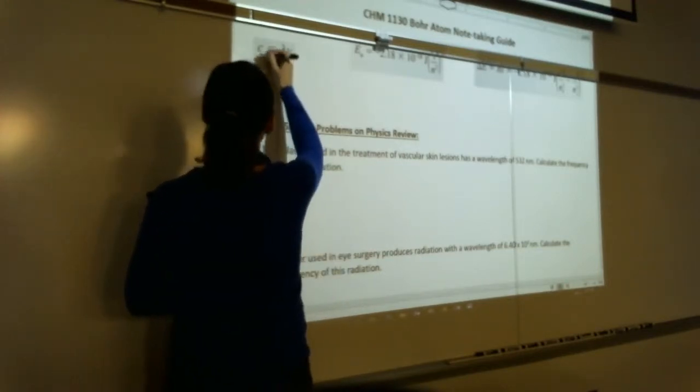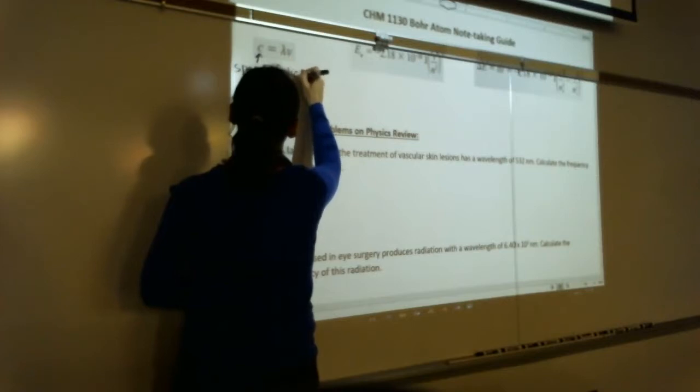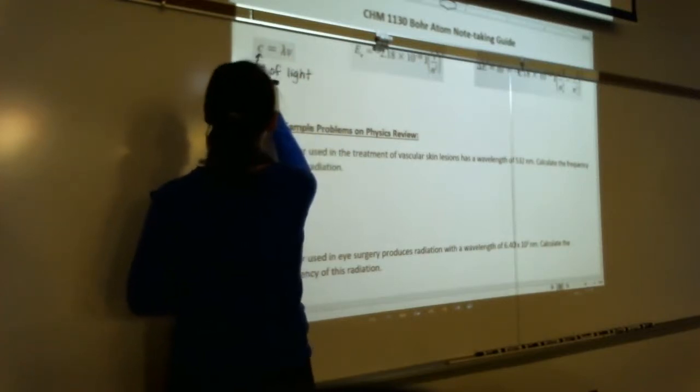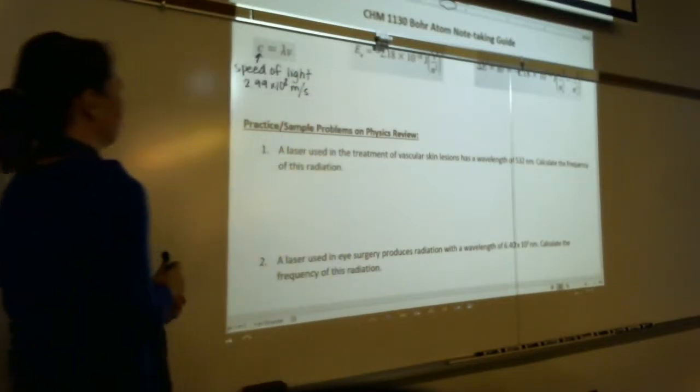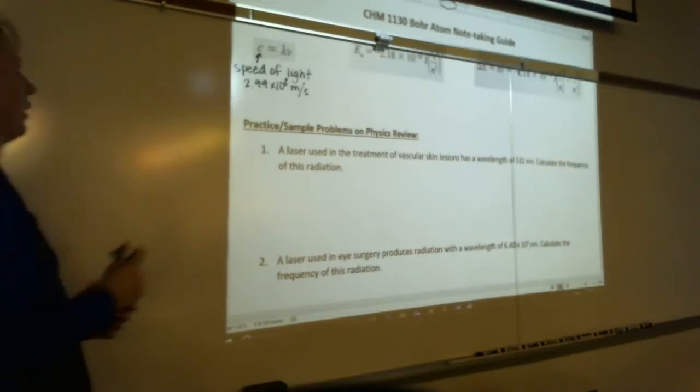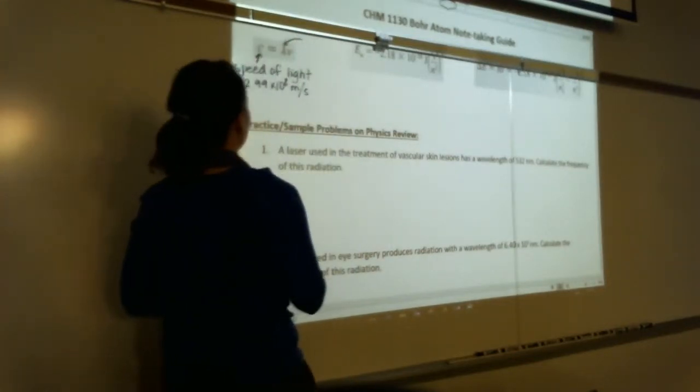Constant. It is a constant, yes. It's the speed of light, and it is 2.99 times 10 to the 8th meters per second. Okay? This one is the Greek letter lambda.